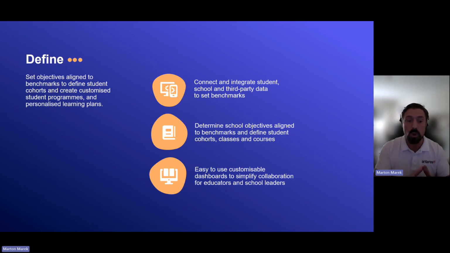Say, for example, you wanted to look at attendance over time and set some benchmarks so that, when those benchmarks aren't met, you can get notified, as I mentioned earlier, and say, hey, this cohort of students, or this particular student is not meeting the attendance criteria, right?